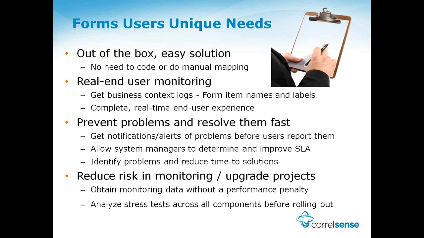Because we are talking about so many different servers and so many different layers, we really need a solution that is all-encompassing for the whole architecture and the whole topology. We want to be able to prevent problems before they occur and prior to users complaining.